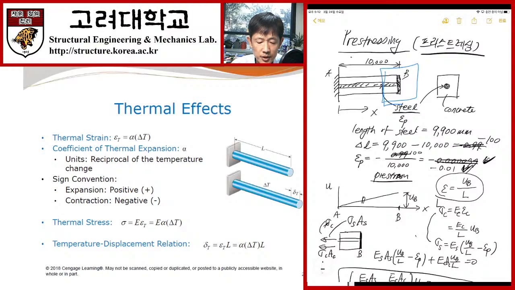Using the principle of superposition, you can convert your statically indeterminate structure into a sum of many statically determinate structures. Then you solve the individual structural systems using force equilibrium and formulas. You calculate the strain, displacement, or reactions, and then you superpose all the reactions and displacements to achieve the boundary condition. Then you can solve for the actual reactions.